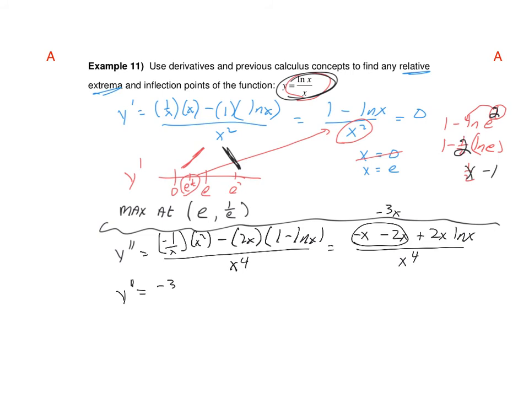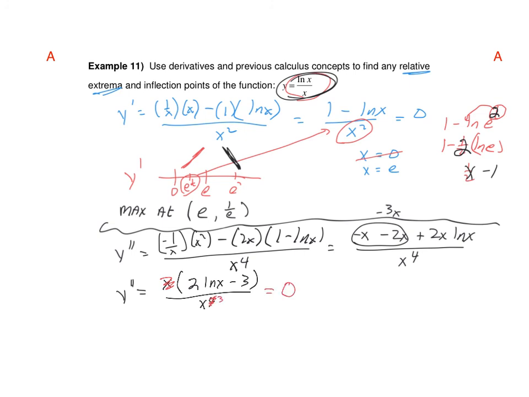So if anything, I can take out an x. So let's simplify that a little cleaner. So if I factor out an x, then I have 2 natural log of x minus 3 all over x to the fourth. And then I can simplify my x and call that x to the third.